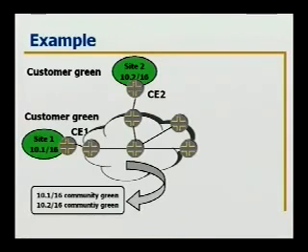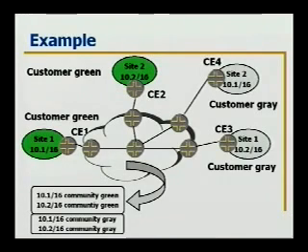Now CE1 is going to advertise route 10.1/16 to the PE that's connected to it. The PE is going to attach a community, let's say community green, to it, and advertise it to all the other PEs. So now in the BGP advertisements, we have 10.1/16 community green, 10.2/16 community green, which would seem to be all right, except if we had two more sites from a different customer, customer gray, which was using the same overlapping address space.